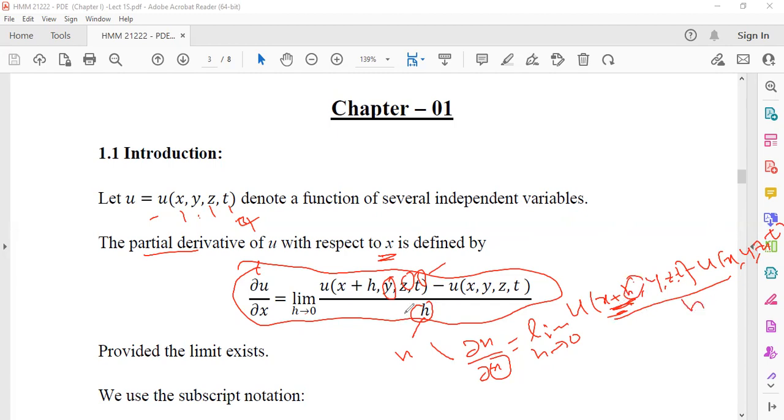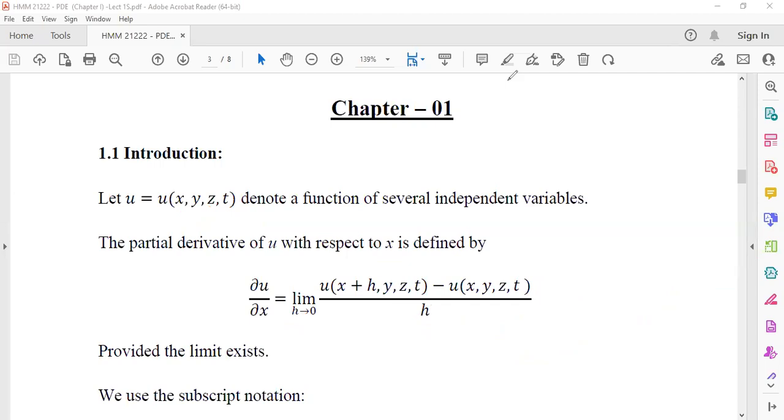This is the definition for the partial derivative with respect to x. Also, they say if the limit exists, as you may have studied in the limit class at A level. Only if the limit exists will it be correct. There are situations where the limit does not exist. So they say if the limit exists only, this definition of the partial derivative will be this one.